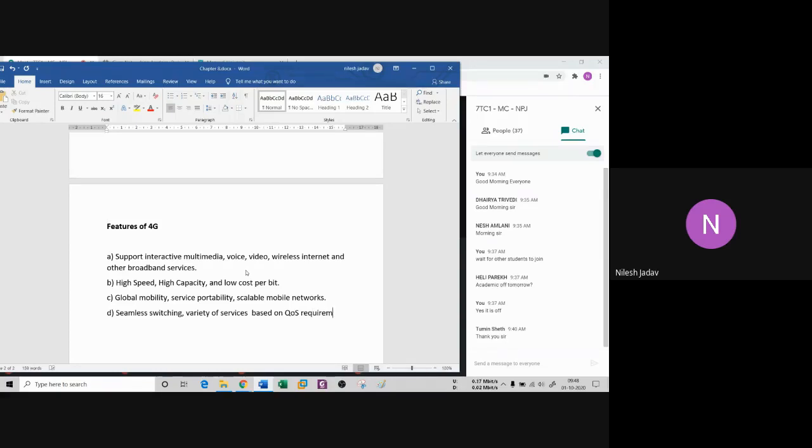Whenever a new network comes up, it doesn't have to think much about the technology because they are using the same technology as in the previous one, right? They are just modifying the technology for reliability or for good service to the end users. So they generally work on QoS, quality of service.